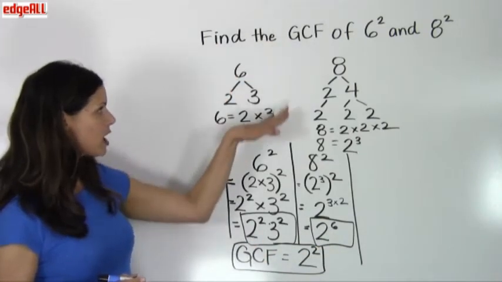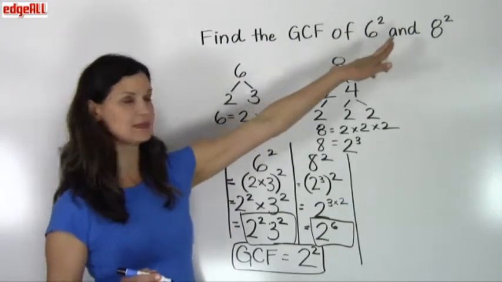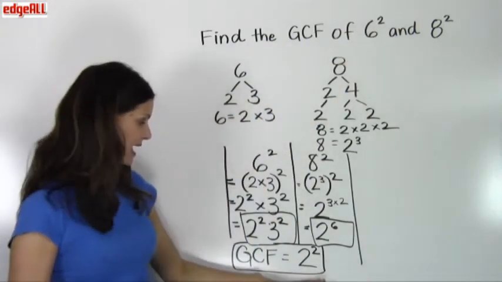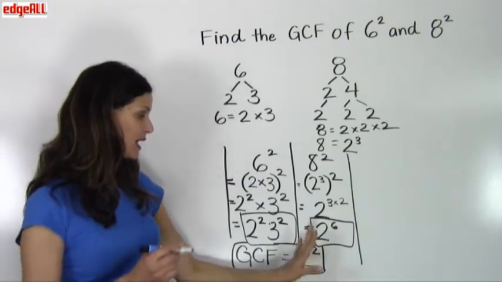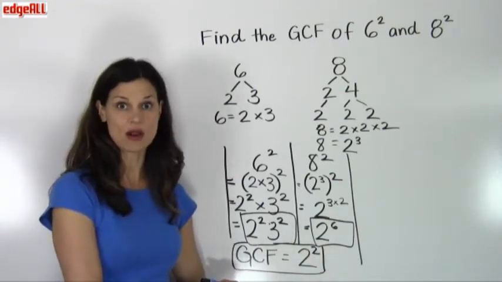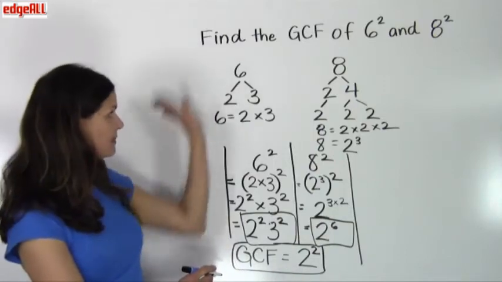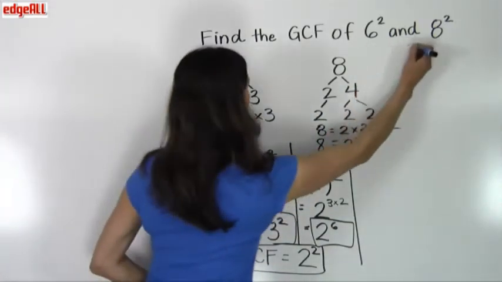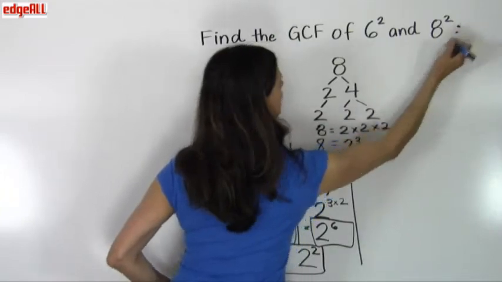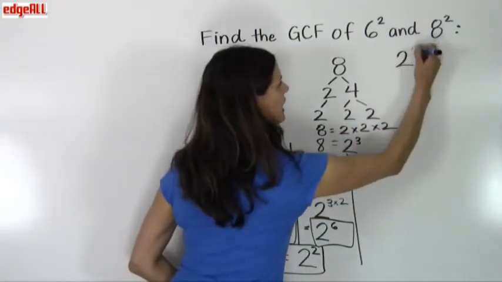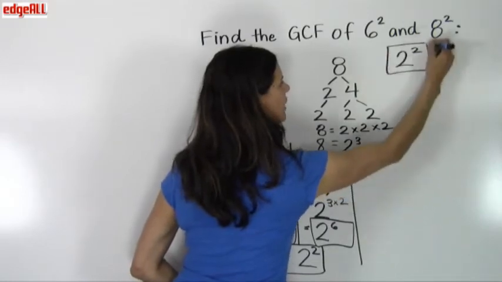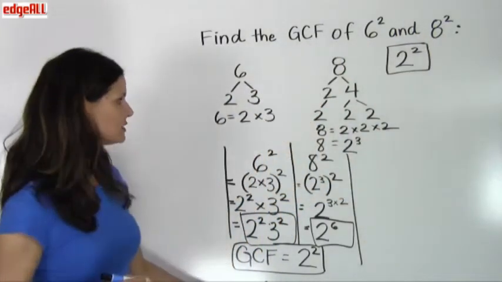Now when I'm working on a problem that has exponents, the way to report my answer is to remain in exponents. So in this problem, find the greatest common factor of 6 squared and 8 squared, I would report my answer as 2 squared. The greatest common factor is 2 squared.